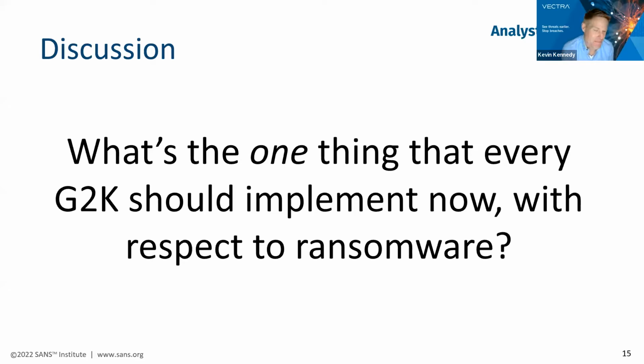I think the one thing that really should be top of mind, we've hit on this many times, is if you shift the mentality to assume compromise, assume that there is a ransomware adversary already inside, implement the response plan, do the plan for full business resiliency from that point forward.